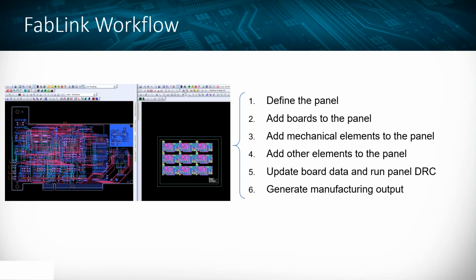So FabLink has the ability where we can save a scheme of our certain element-to-element clearances that we're checking for our panel. And then we have the ability to run those panel DRCs in order to make sure that there are no major violations. Finally, we're just going to go ahead and generate that manufacturing output directly out of the FabLink workflow.